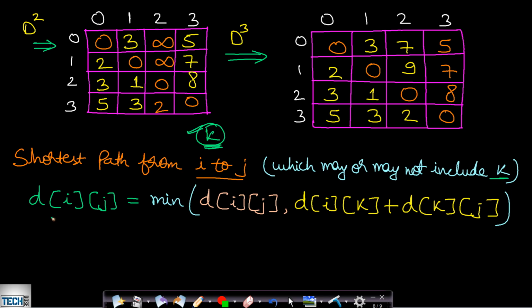So whatever formula is written here, the minimum distance from i to j will be equal to not including the current node k, otherwise including the current node will give us the answer. So this first part is saying that we will be skipping this node k, and the second part is saying that we will be including this node k. Okay, so this is one important thing to remember.